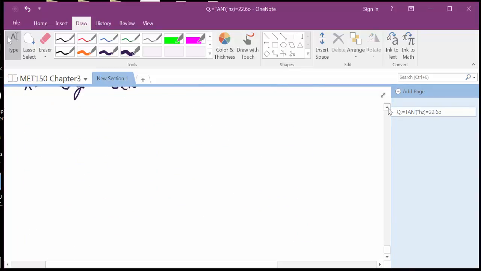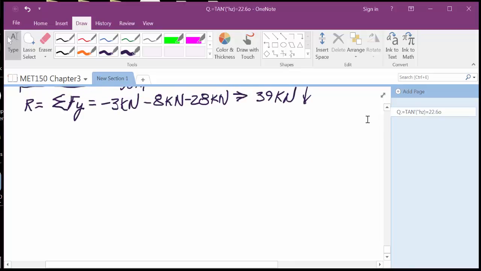Okay, so then what we've got to do to find the distance, if you look there, we have to find the summation of the moments at A, and that's 3 kilonewtons times 5 meters, right?